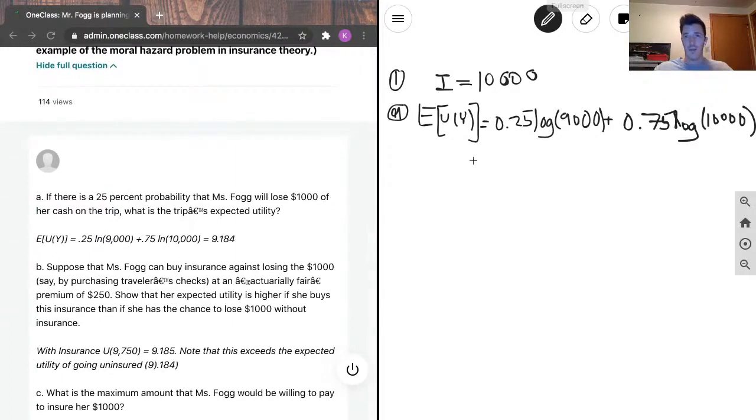Cool. This comes out to 9.184. I trust our junior tutor. I'm not going to verify that, but he's correctly set up the question at the very least.